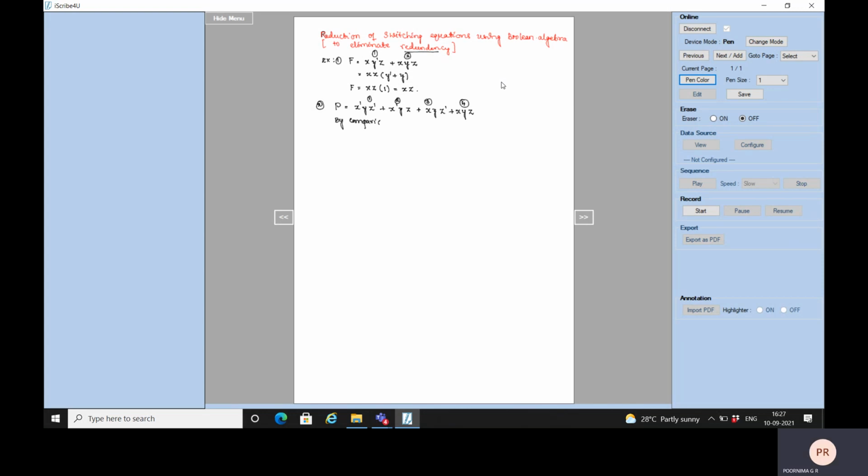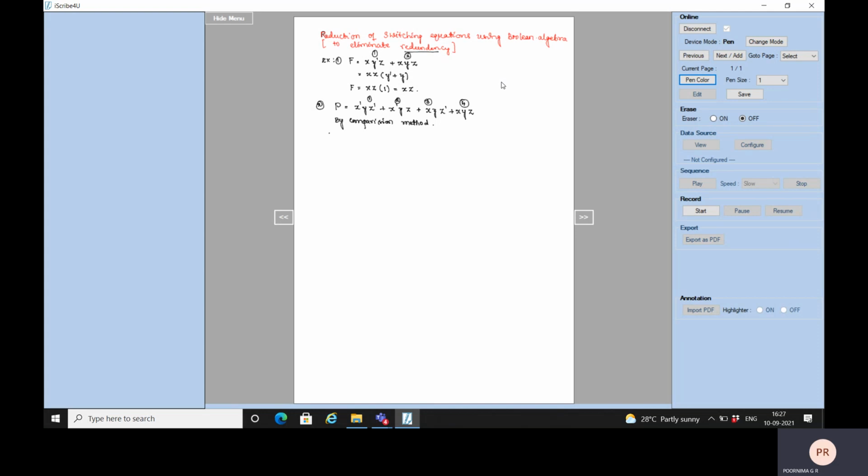How do we reduce these minterms by the comparison method? In the comparison method, the subsequent minterms will be compared.